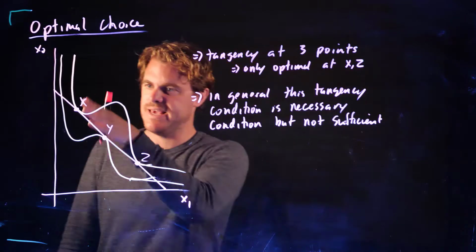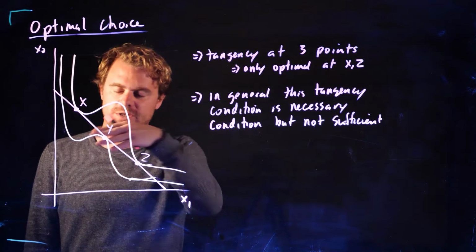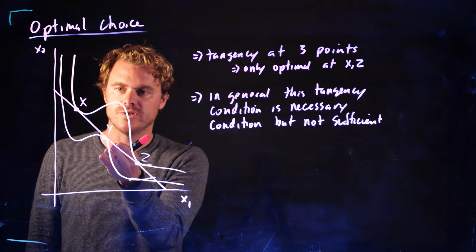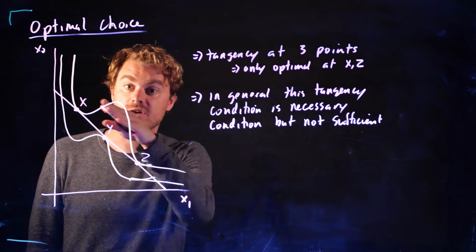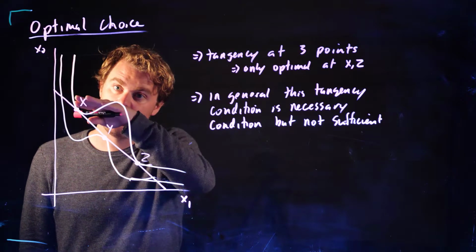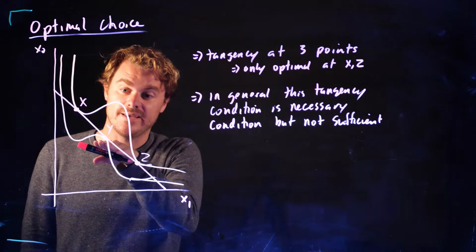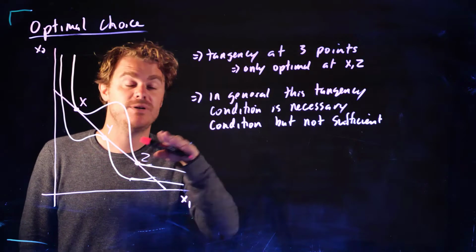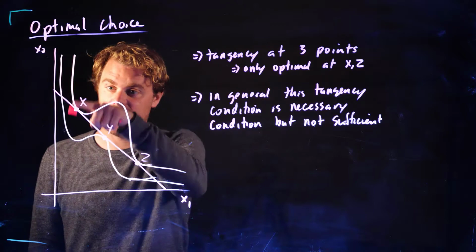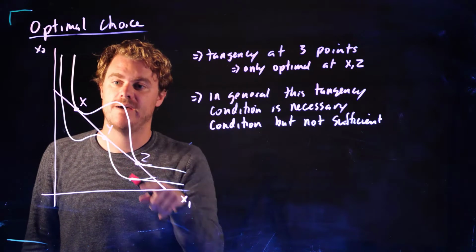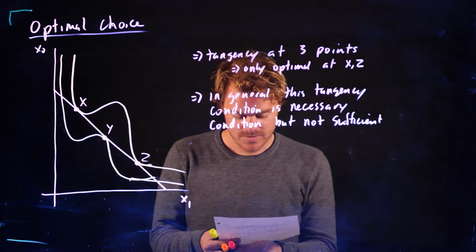So you can have a case like this, where this isn't a corner solution, and these preferences aren't kinky. But here, at y we have this tangency condition, but it's not the optimal choice because they could be on a higher indifference curve by having x or z.